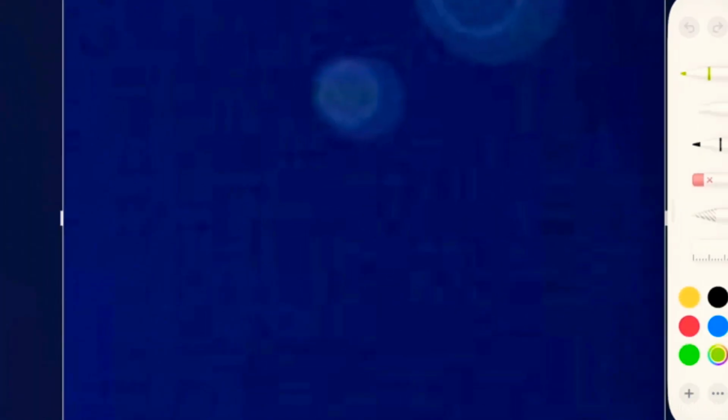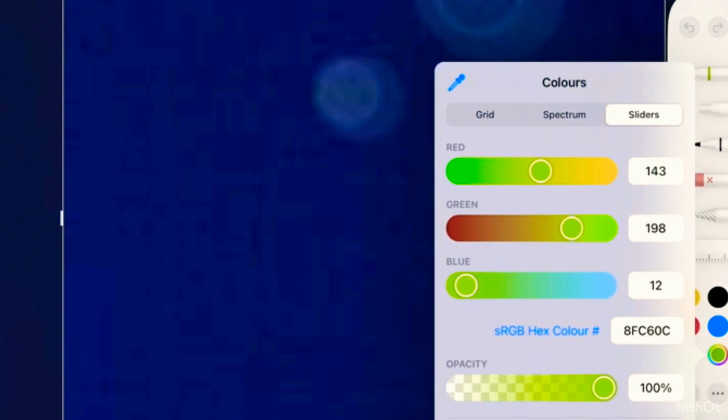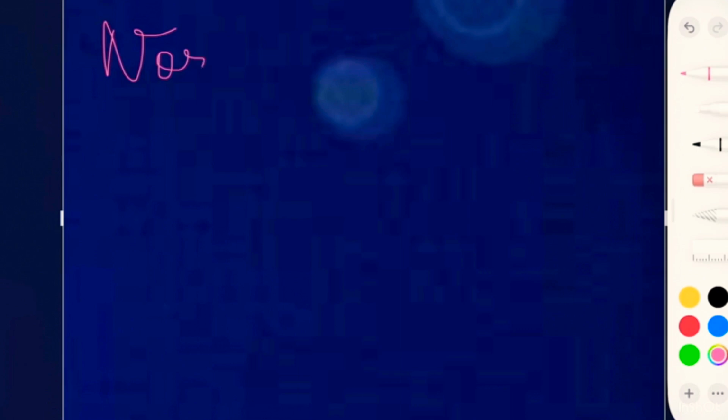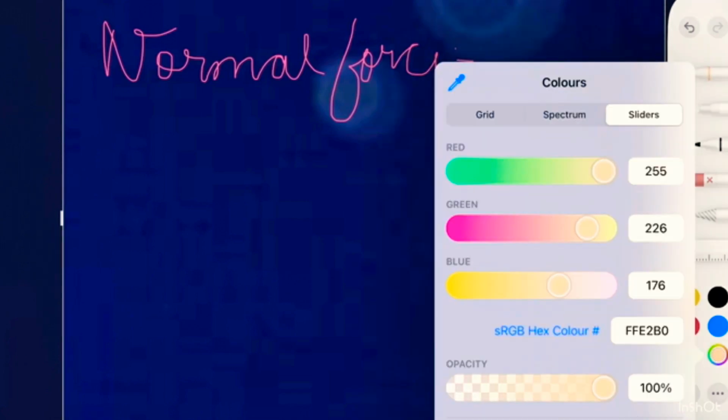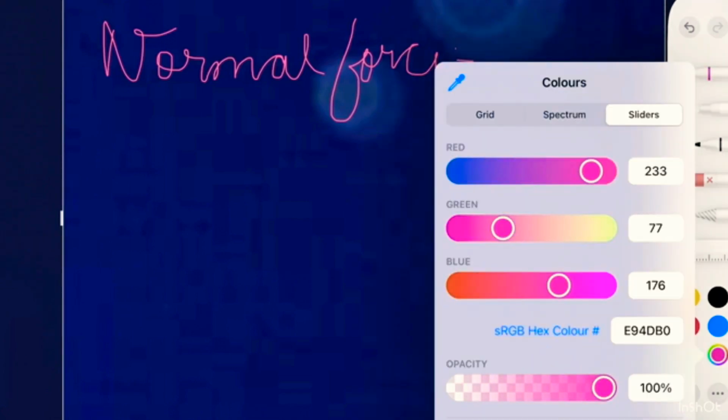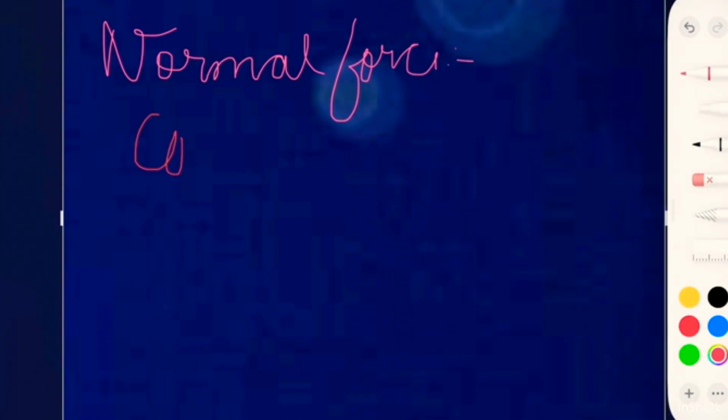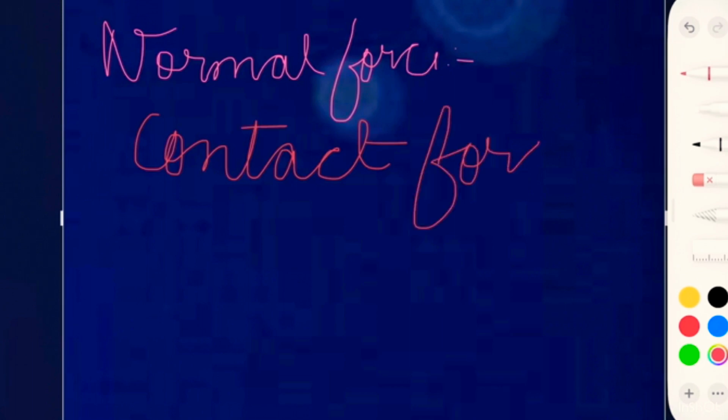Next one is normal force. So what is a normal force? It's quite different. When two surfaces are in contact, they exert force on each other. Such forces are known as contact forces.